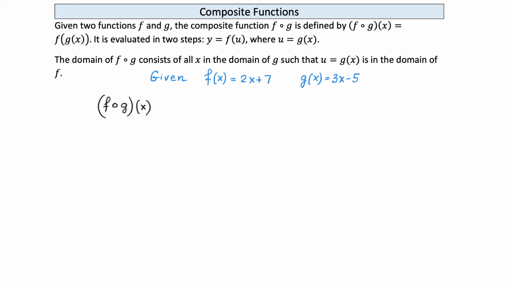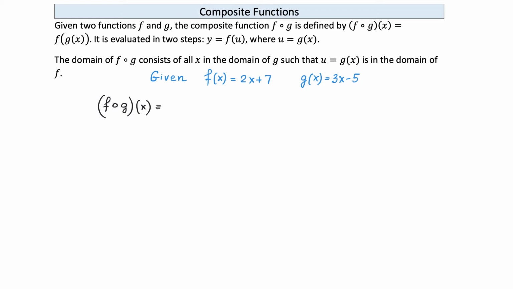So in this example, f is first and f is 2x plus 7. Then to perform the composition of f and g, in this function that is the main function, we will replace this x with 3x minus 5. So we will bring 2 down. Then in place of x, we will write 3x minus 5, then we will bring down plus 7.